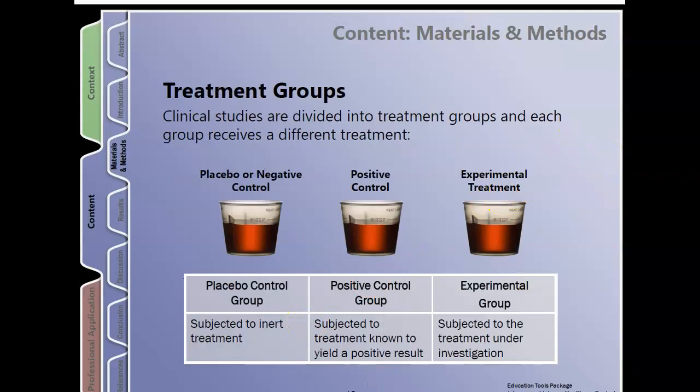Now, there are many ways we could divide treatment groups, and I'll use an example. Let's say that all these drugs are drugs for weight loss. Again, I'm a researcher and I want to see whether this drug that I have made helps with weight loss.